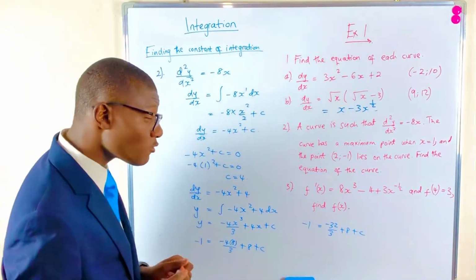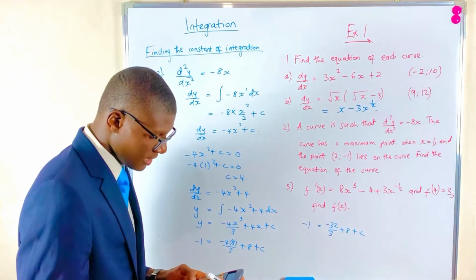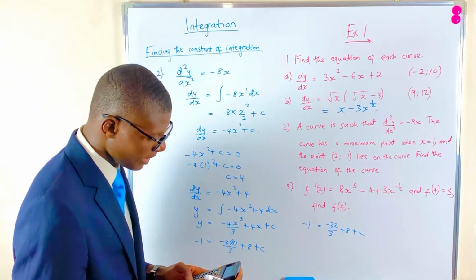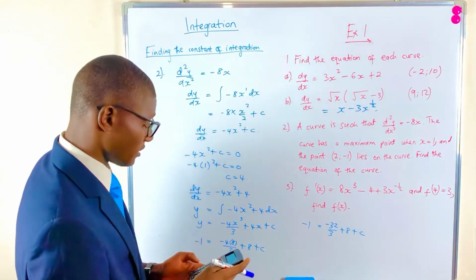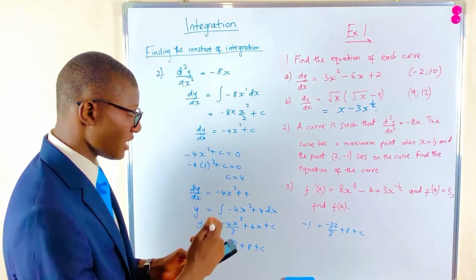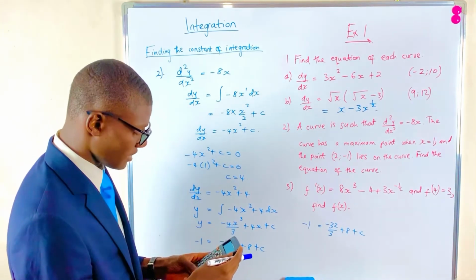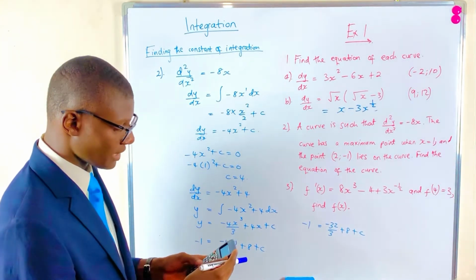And then if we solve for c, then we are saying that minus 32 over 3 plus 8, and then we take it to the other side, it becomes a positive, then we subtract 1, we get 5 over 3.